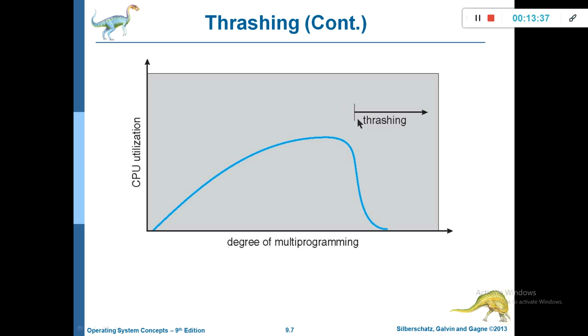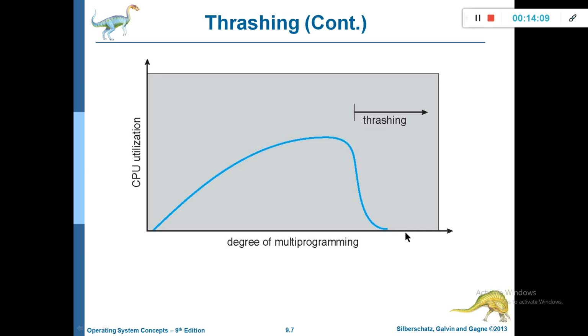So as you go on increasing the degree of multi-programming, most or all of the processes are going to spend their time on replacement, moving pages out from the memory and bringing pages into the memory. So it will decrease the CPU utilization.